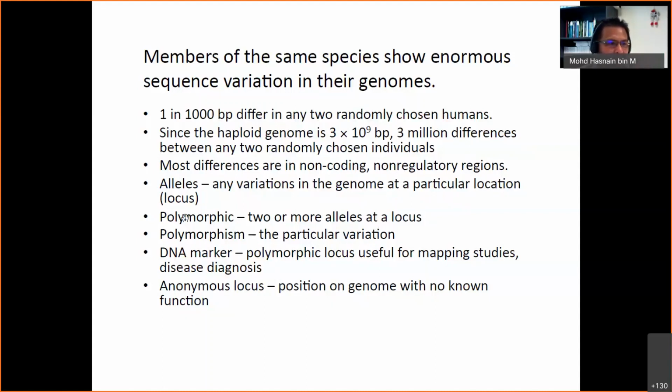For example, you have 3 repetitions at this region, but because this one comes from the mother and this one comes from the father, there are only 2 repetitions at this allele.